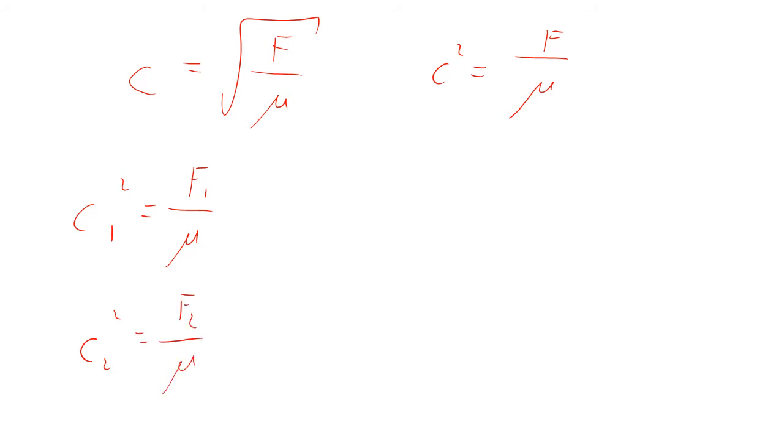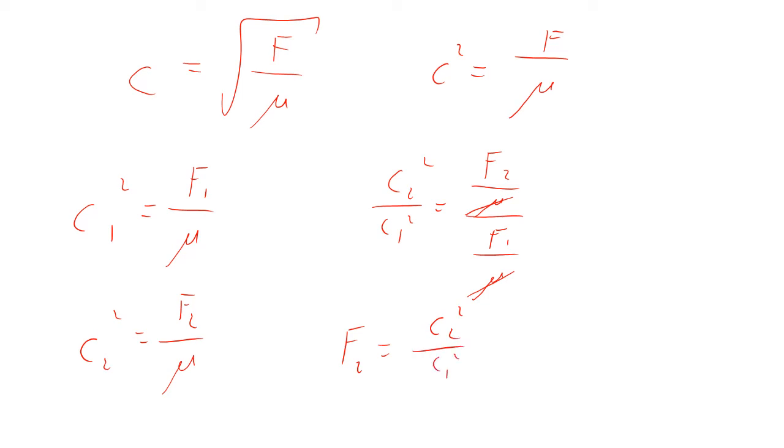And so what I can do is I can say, what is C2 squared over C1 squared? That's going to be equal to F2 over mu divided by F1 over mu. So the mu's cancel, so I find that F2 equals C2 squared over C1 squared times F1.